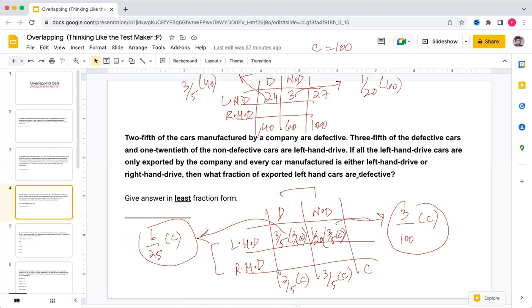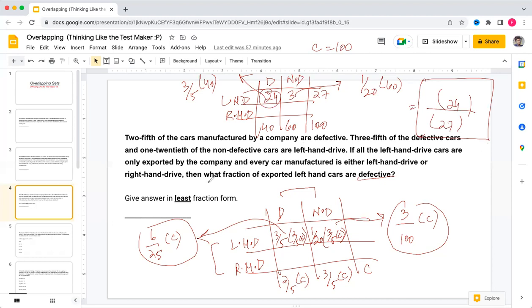Now the question asks, if all left-hand drive cars are exported, what fraction of the exported left-hand cars are defective? So we are asked to find the fraction. Of the total left-hand cars, which is 27, the defective ones are 24. So our required fraction is 24/27, which you can convert to the least fraction form.